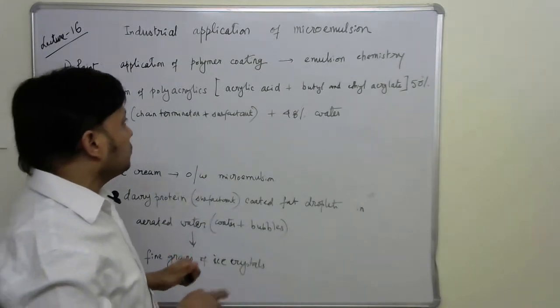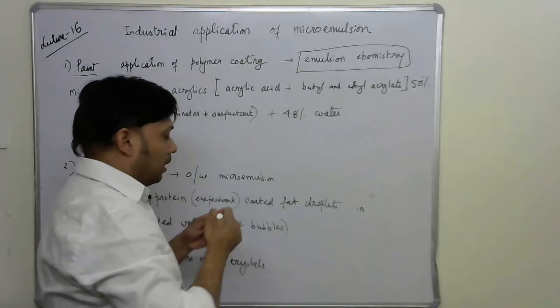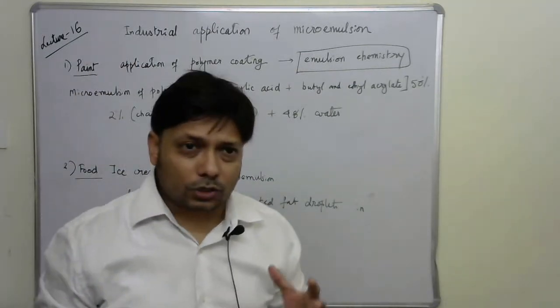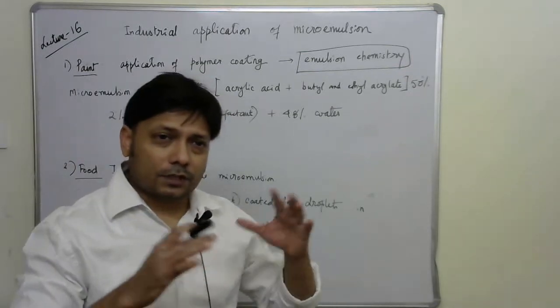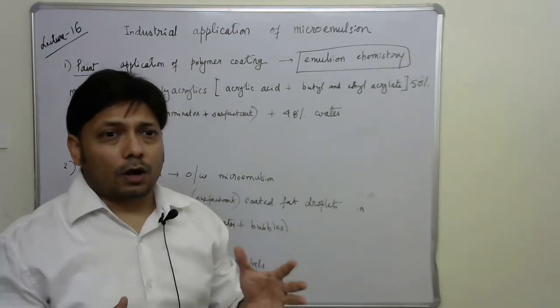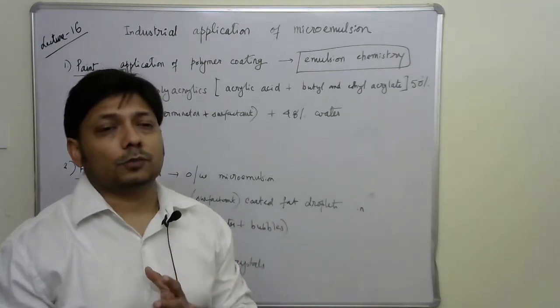So there we have to use the emulsion chemistry because this organic polymer is only soluble in organic solvent, and it needs a thick viscous form of the substance to be coated on the walls.